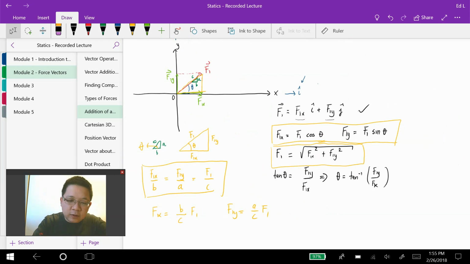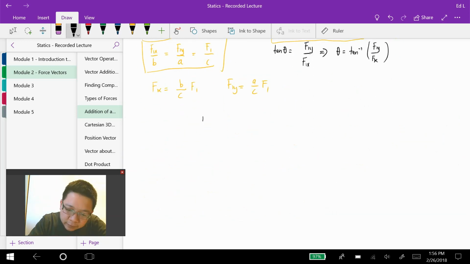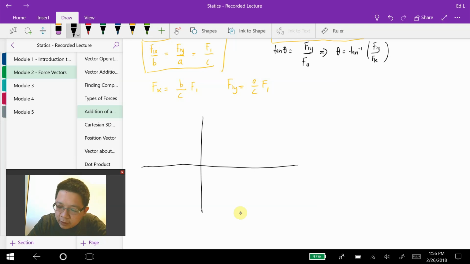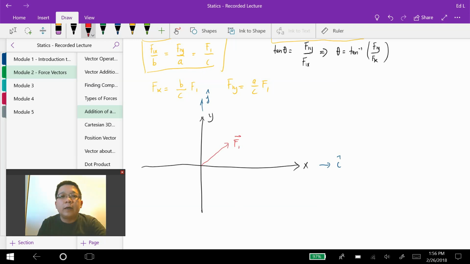Let's consider a second case right now. Let's just redraw it over here. So I have my x and y axes, and then the unit vectors i and j right there, and then I consider a force here, F1, and let's say that I have another force right there, F2.